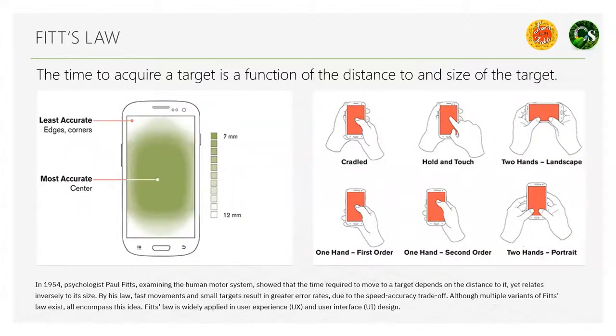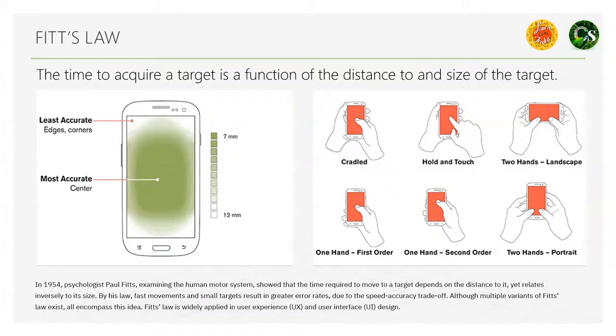In any mobile device, we have a very clear indication of which is the most accurate interactive area and which is the least accurate interactive area. The corners or the edges of the mobile are the least accurate, so you should not have very important CTAs or buttons over there.